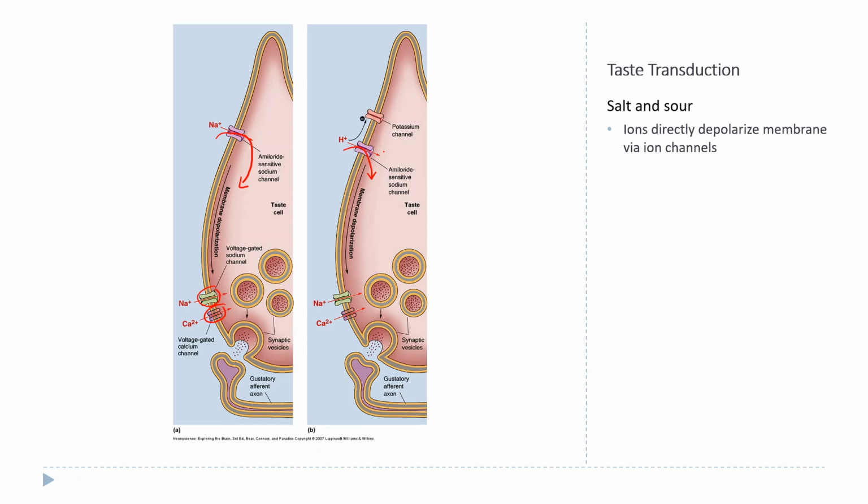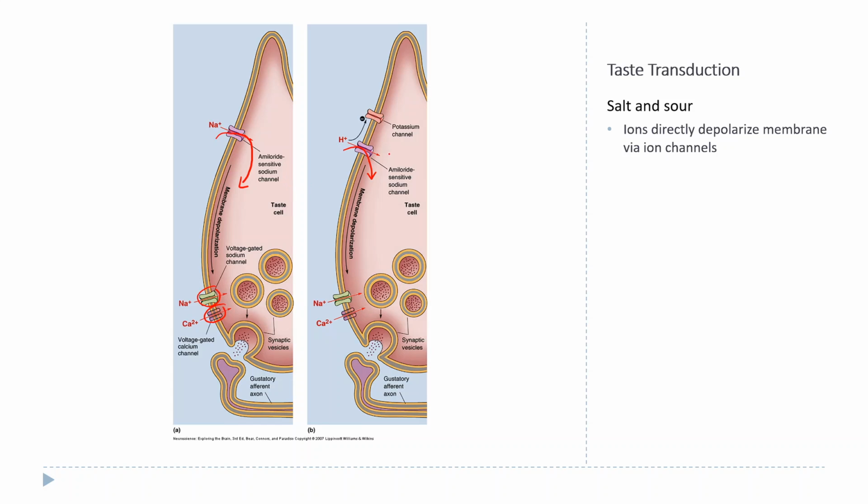So if you have a proton coming into the cell, it's also going to inhibit these potassium channels. So the assumption is that the salty taste cells do not have these proton-sensitive potassium channels. So the sodium ions by themselves are enough to activate those cells. And meanwhile, protons entering the cell might not, the concentration difference might not be enough to trigger a response from the cell.